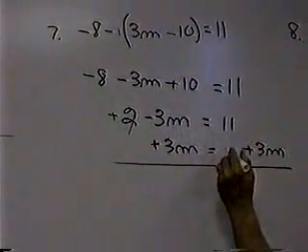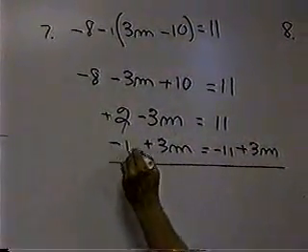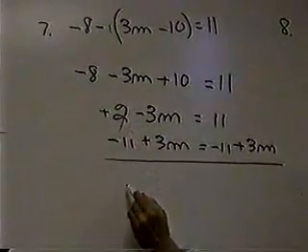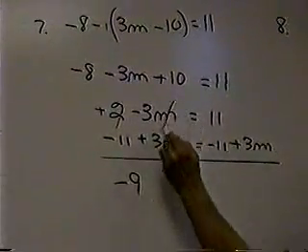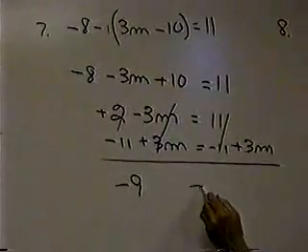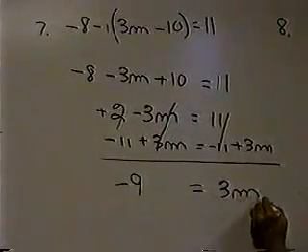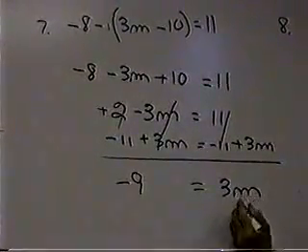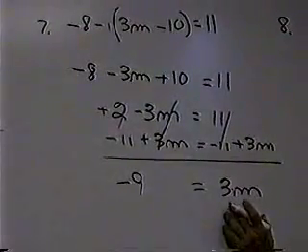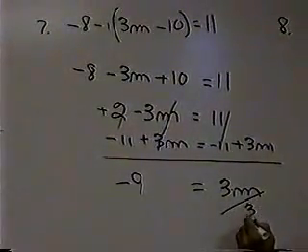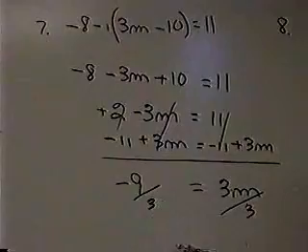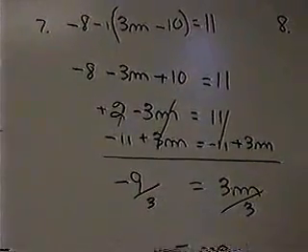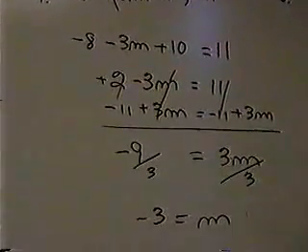Okay, so that's a minus 11 and a minus 11. Now when I add, I get a minus 9. That drops out. That drops out. And I have 3m. Now, how's the m connected? Multiplication, therefore a divide. And you get the same answer.